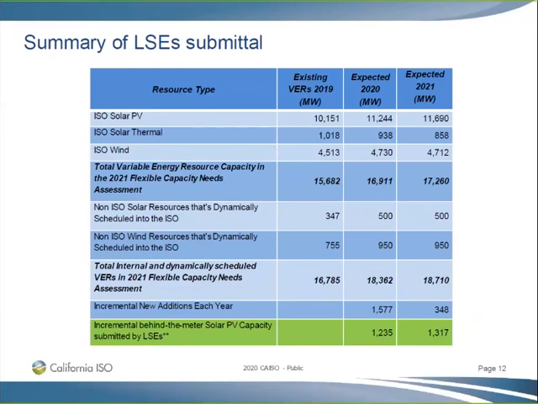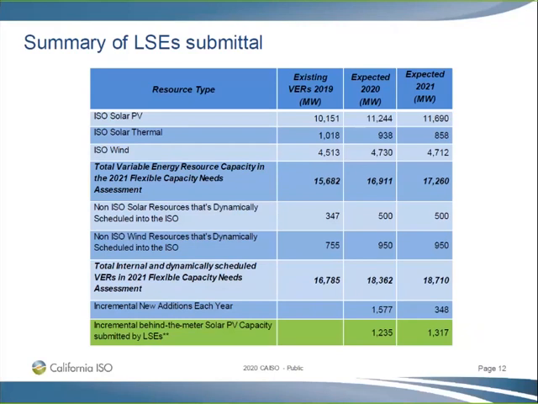And then we broke out the dynamically scheduled wind and solar. You get 1,000 megawatts we have coming in 2019, and it's going to be increasing a little in the 2020, 2021 timeframe. Again, that's what we used in the study.